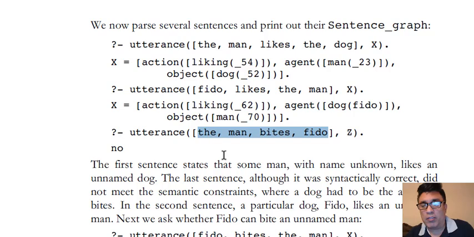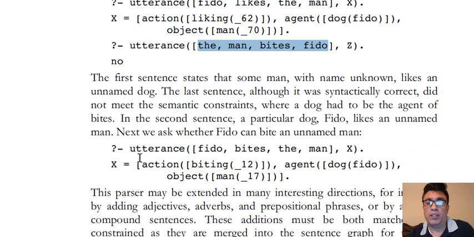It doesn't qualify on the meaning described in the structures for the semantics, that the man bites the dog. So in this case, we're getting a no. Here, look that the sentence is similar to the one that I have highlighted over here. In this case, the dog with the name Fido bites the man.